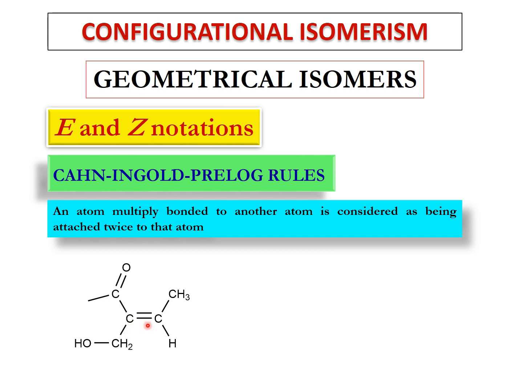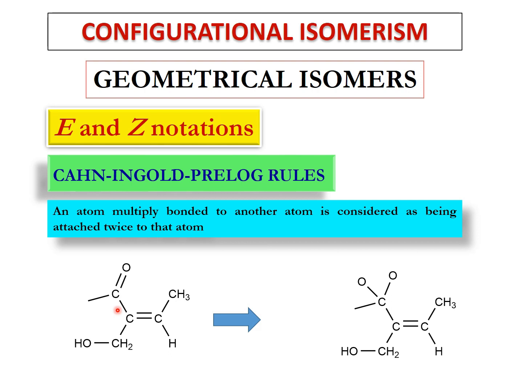Now this molecule can be considered as being this molecule. Because we have a carbon atom directly attached to this carbon here, and we have a carbon here as well, these two carbons cannot decide the priorities of the group. So we have to check the atoms that are attached to these two carbon atoms.